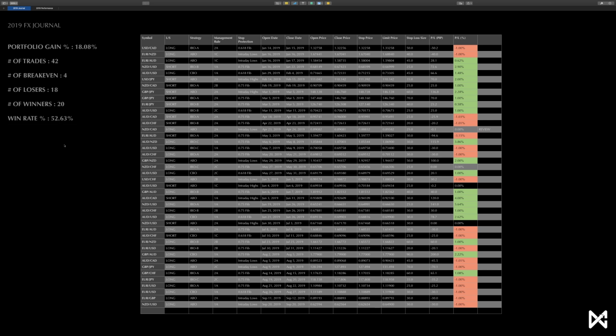So when we dig into this data a little bit more, we have 20 wins, 18% gain. So pretty much on average, that's just under 1% per trade. So 0.9% per trade, that's what we're getting here.